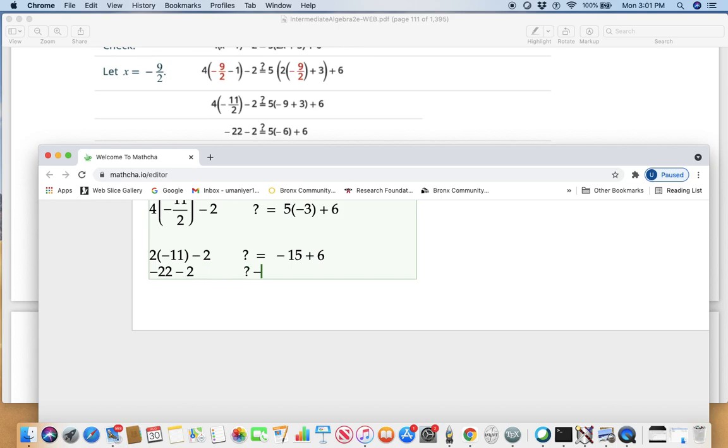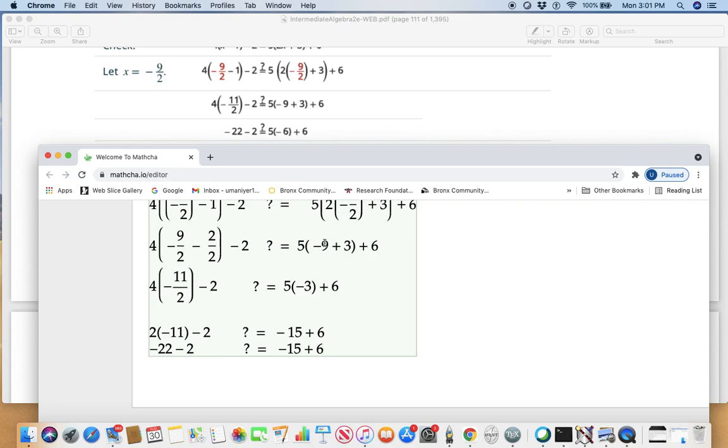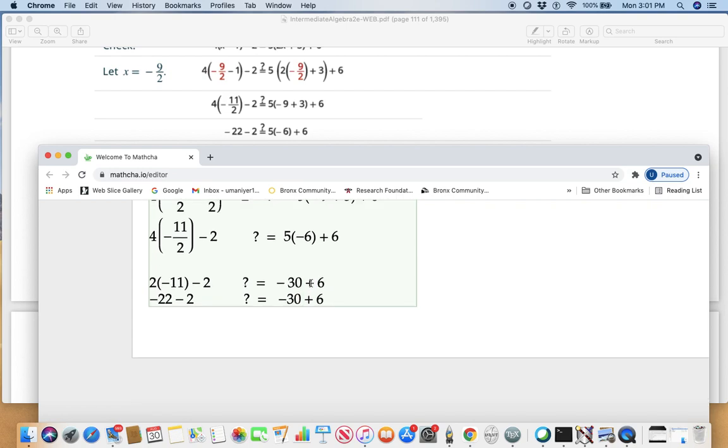Question is it equal to negative 15 plus 6? Why is it 15? Oh, negative 9 plus 3. Just not having a good day here. Minus 30, minus 30. Lastly, negative 24. Is it equal to negative 24?